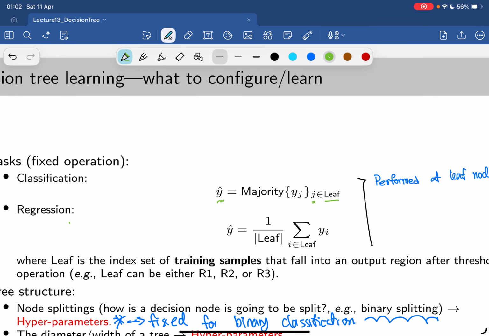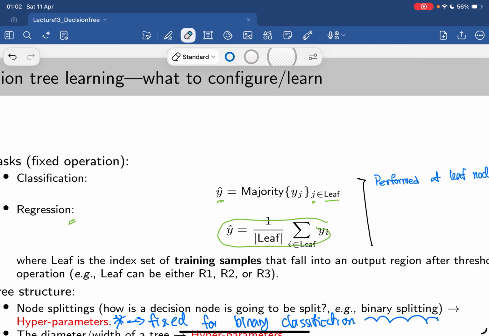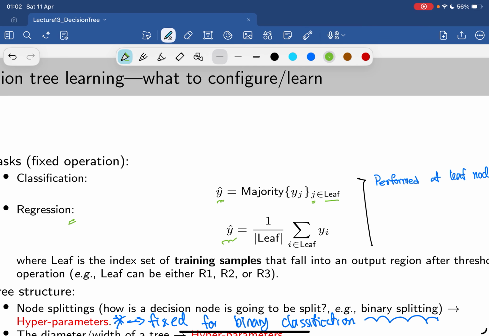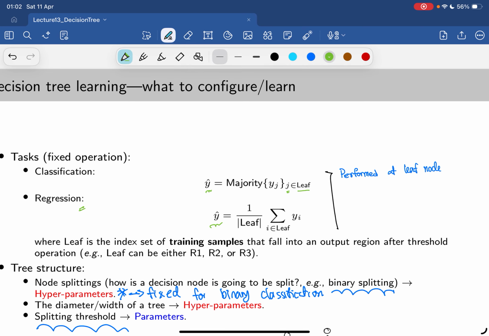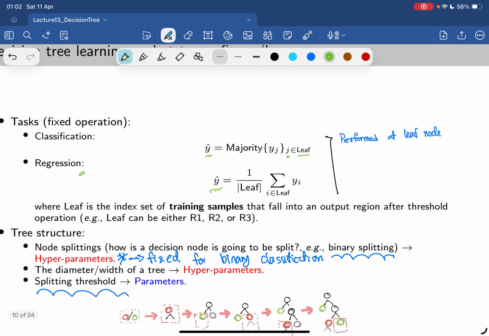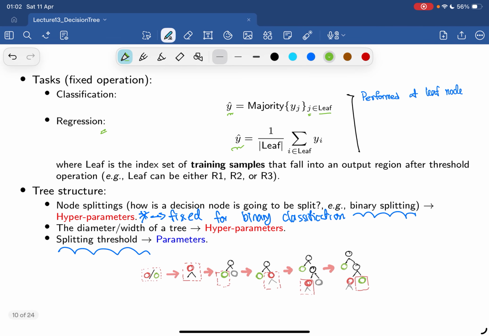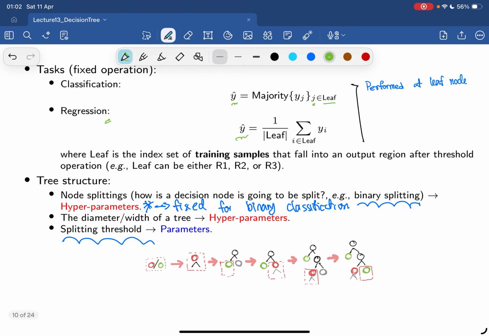Likewise, for regression, we may use a simple operation like the average of the values in that particular region, which is the leaf. Then we will assign the value that represents that leaf. Okay, you can do it this way. And also, another thing that you should know before we start the algorithm is that right now we consider only binary splitting.